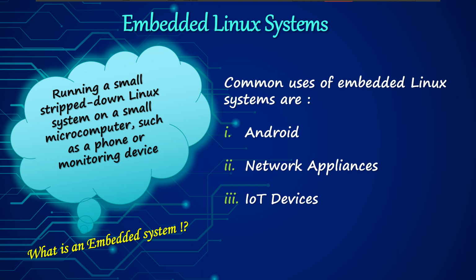Instead, they run specialized applications for cell phones. Next one is network appliances. Many broadband routers, print servers, and other devices you plug into a local network to perform specialized tasks run Linux. You can sometimes replace the standard OS with a customized one if you want to add features to the device.